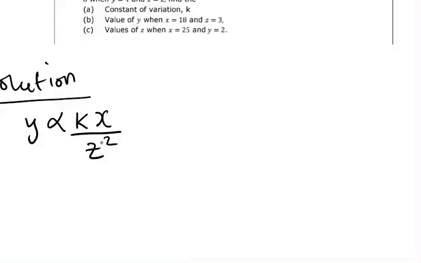So this is the same as y equals kx over z squared. So y is directly to x. From the illustration above, x is direct, so x is on top.